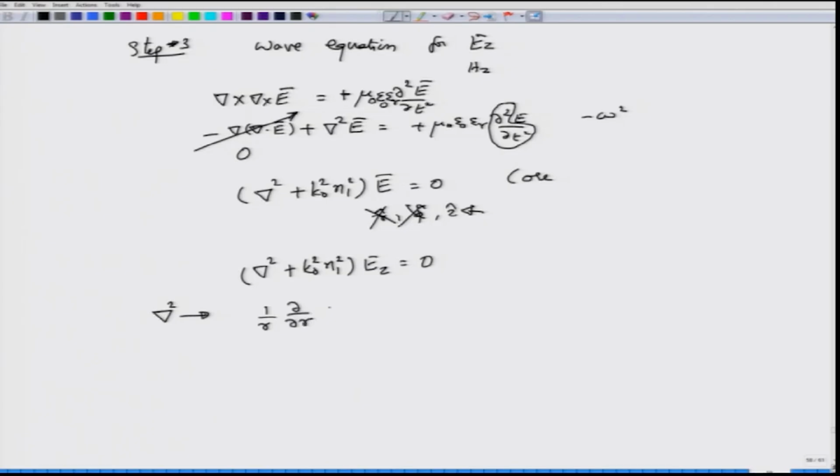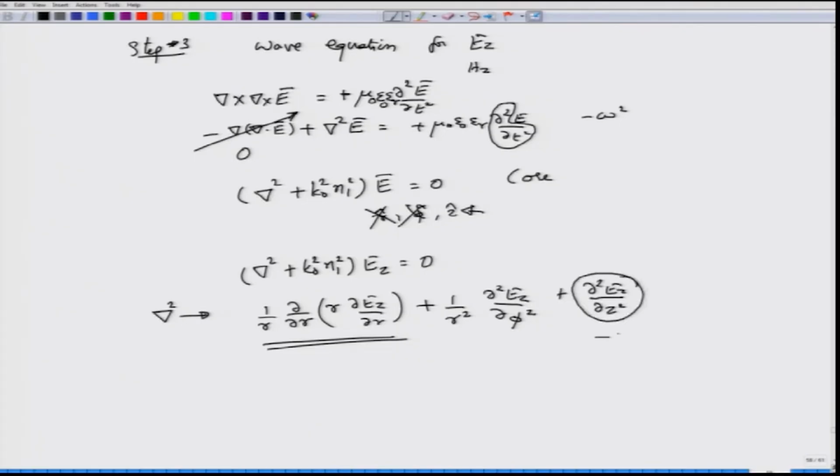So, this is the del square equation that I am writing. 1 by r del by del r of r del Ez by del r, plus 1 by r square del square Ez by del phi square. So, in terms of phi and z you still have the same second derivative format, but r is the complicating fellow. Then you have plus del square Ez by del z square.